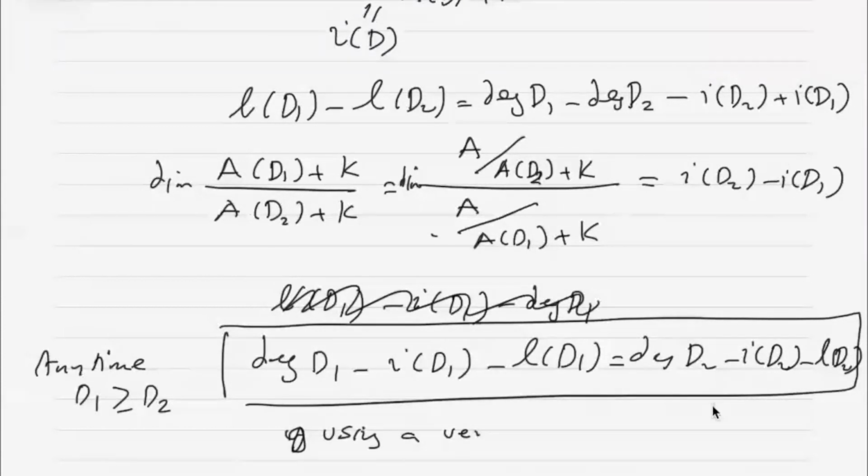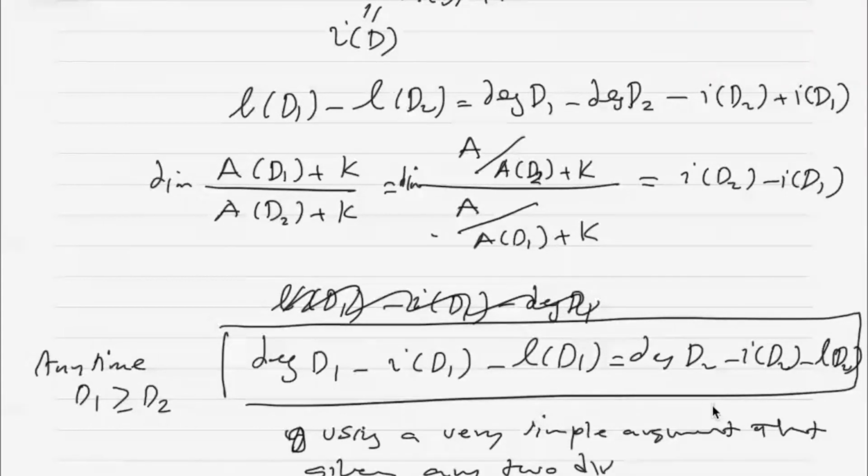So using a very simple argument that given any two divisors, D1 and D2, there is D3 that is bigger than D1 and is bigger than D2, you can actually prove this for any two divisors.